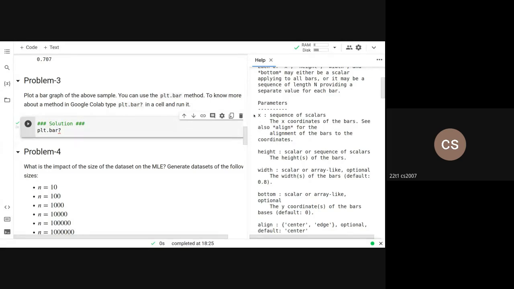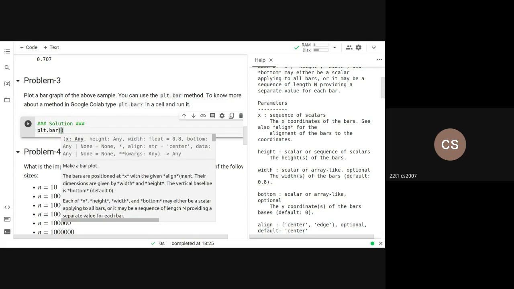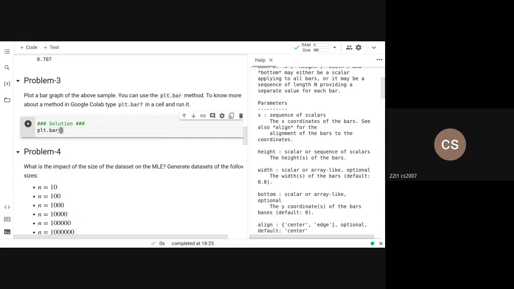The first parameter is x, the x coordinates of the bars. So what will be the x coordinates for us? What are the 2 bars that we want to plot? For a Bernoulli parameter and sample size, we want to plot 2 bars, corresponding to the number of zeros and the number of ones.